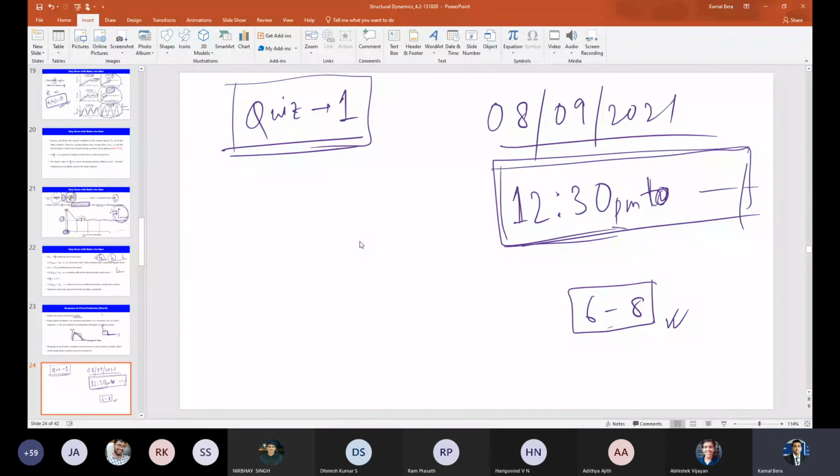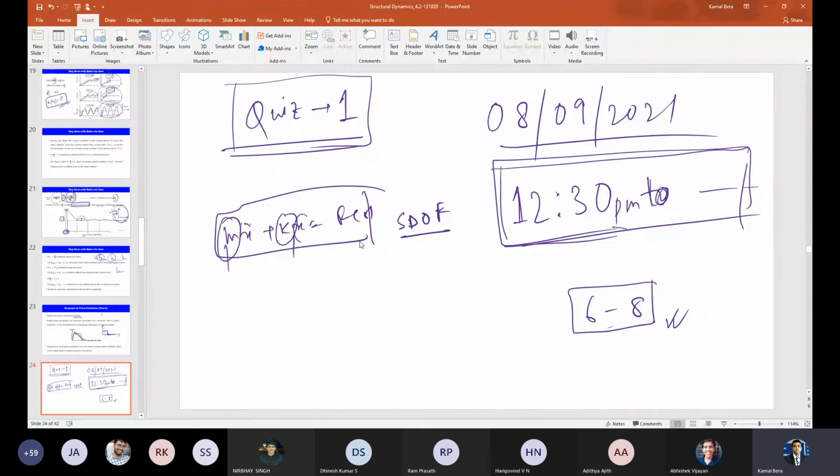As I already mentioned, I will discuss that after finishing the multi-degree of freedom system, because the equation we are solving, m x double dot plus k x equal to some force for an undamped system, is equally applicable to a multi-degree of freedom system. Now we are doing it for a single degree of freedom system. For a multi-degree of freedom system, K and M are matrices and x will be a vector. We will see that soon, maybe next week, when we start the multi-degree of freedom system. First we will start with the 2 degree of freedom system.